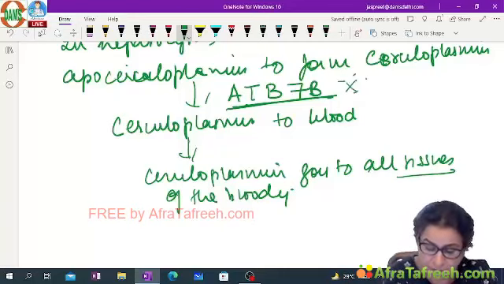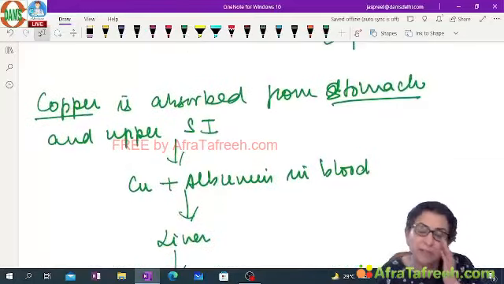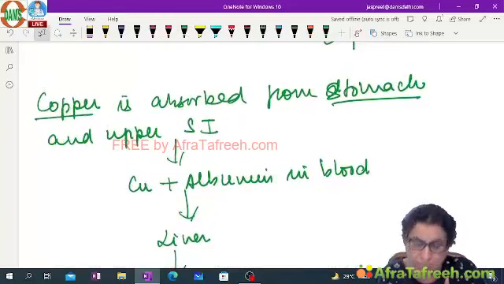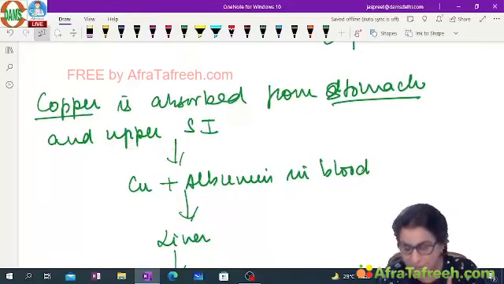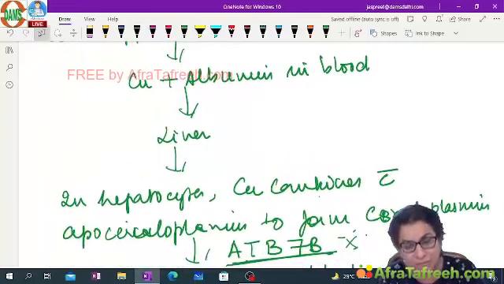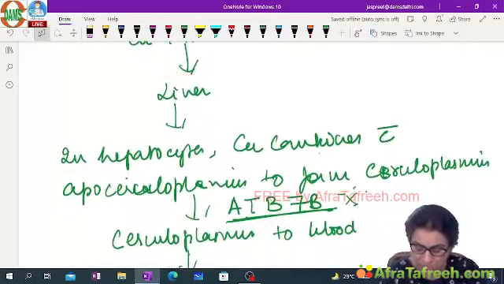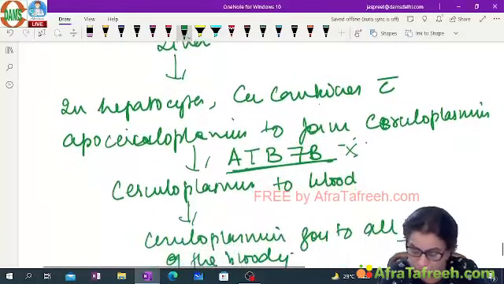So remember this: ATP7B. First, copper comes in the diet. In the food we eat, in the stomach and upper small intestine, copper is absorbed and enters the blood. In the blood, it combines with albumin, and albumin takes it to the liver. In the liver, inside the hepatocytes, copper combines with apoceruloplasmin to form ceruloplasmin.